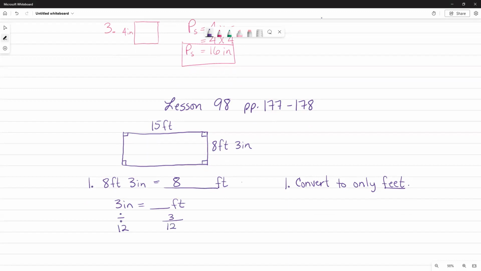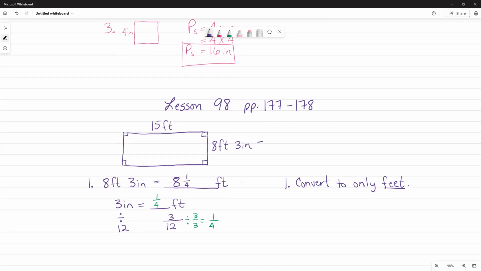So 3 inches equals 3/12 of a foot. But we can reduce this. I can divide the 3 and the 12 by 3, and I get 1/4. So 3 inches equals 1/4 of a foot. I add that to my 8, and so I know that 8 feet 3 inches is 8 1/4 feet.